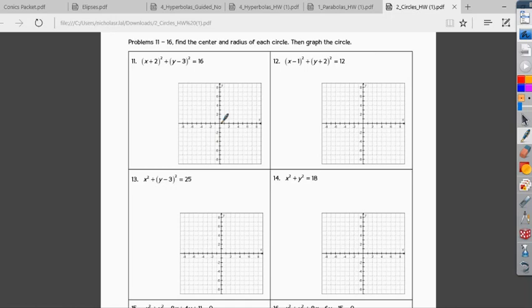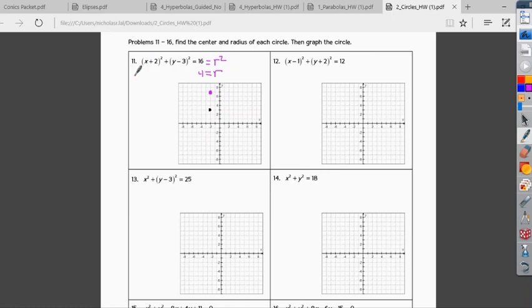So you're going to have a center at (negative 2, positive 3). 16 is equal to r squared, so 4 is equal to r.